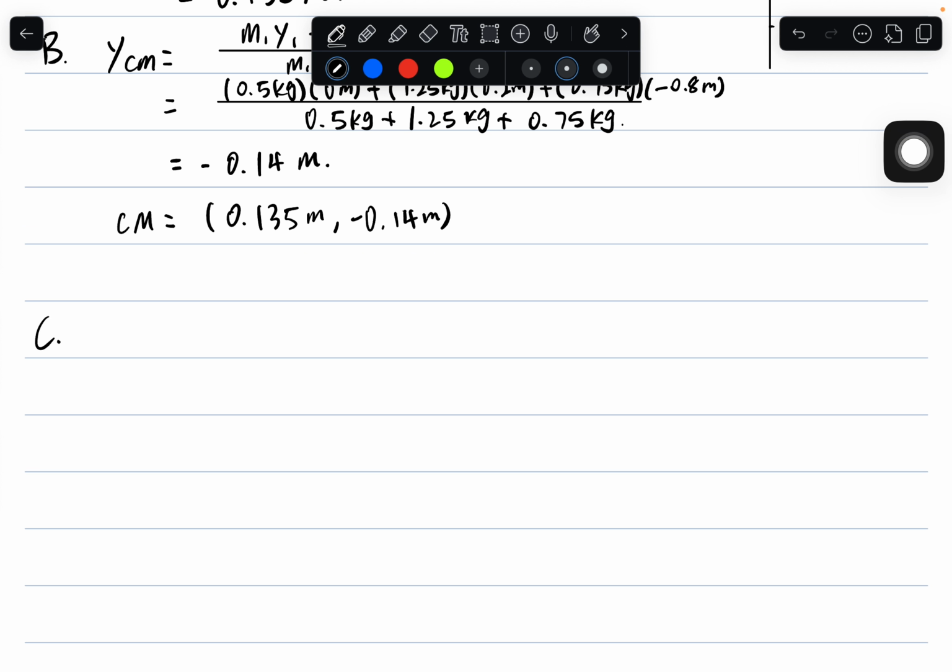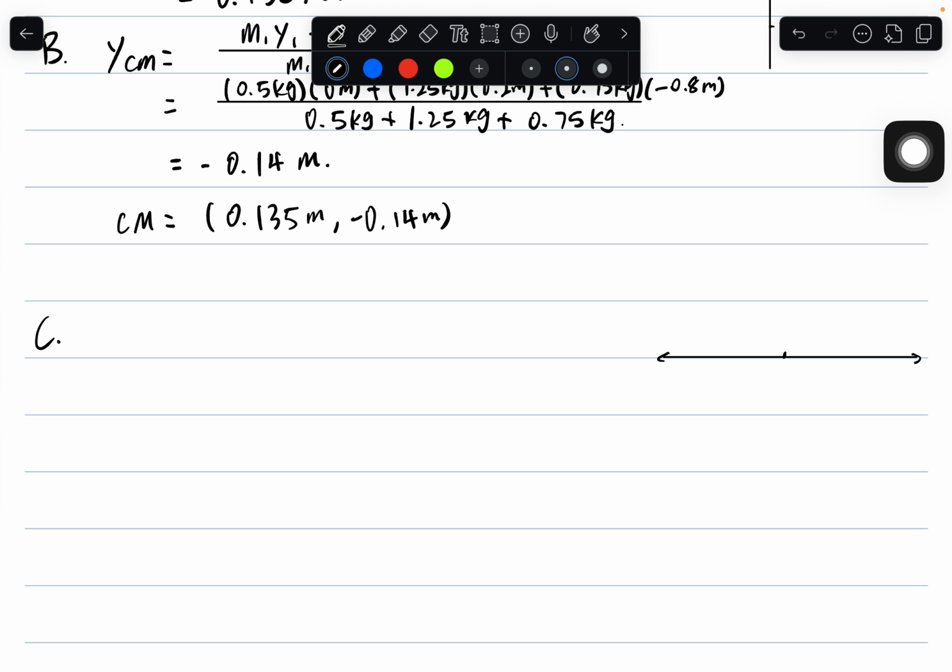Okay, part C. We have three objects placed along the x-axis. So we only have an x coordinate this time. This is the x-axis, which means all their y coordinates are 0.